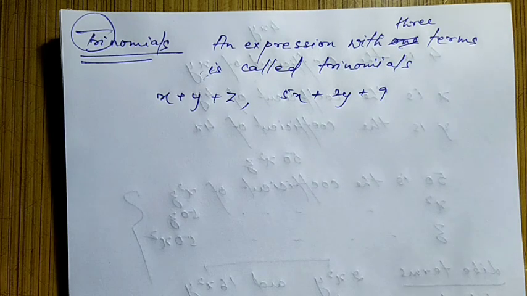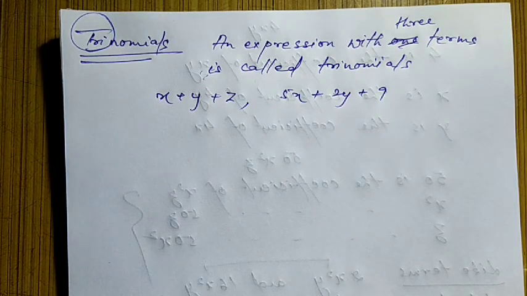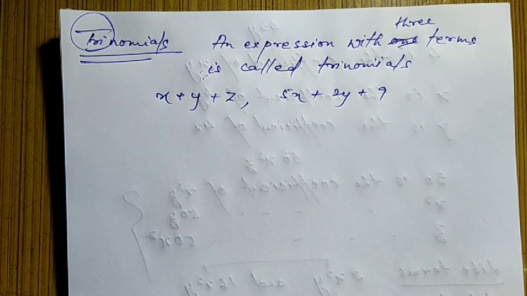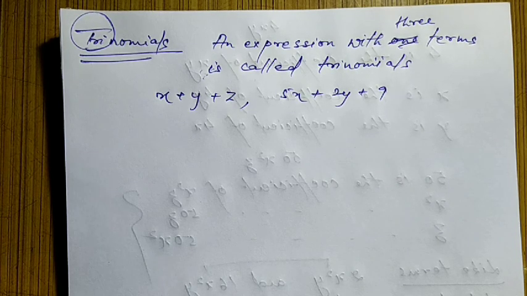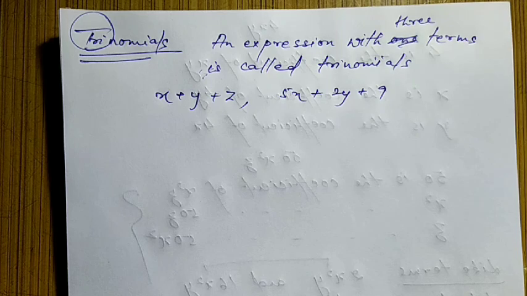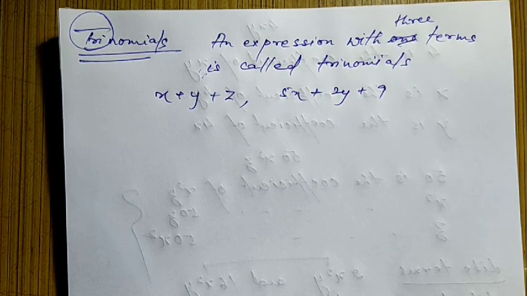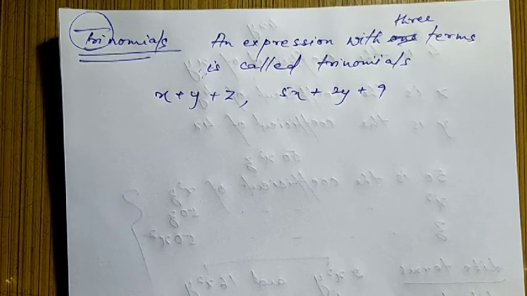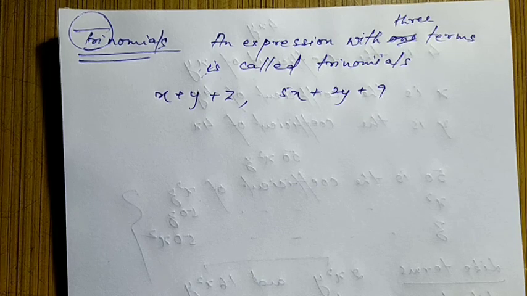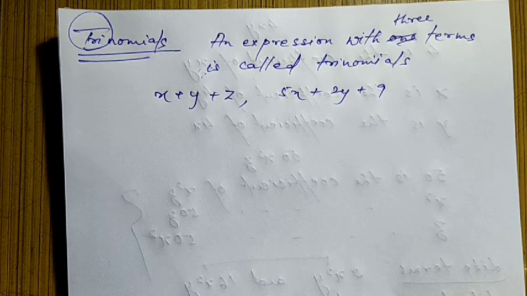These are all trinomials. Somewhere quadrinomials are also given, with 4 terms. So the main concept is that monomial means one term, binomial means two unlike terms, and trinomial means which contains 3 unlike terms.